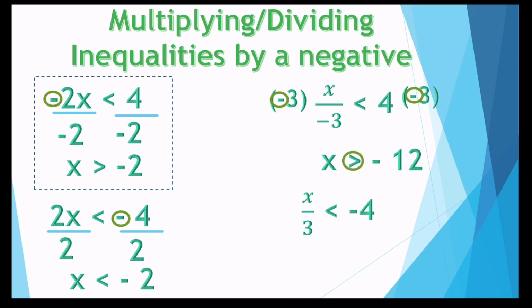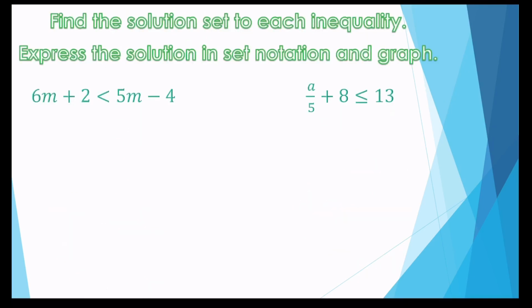At this first one, that's what switched it. But on this one, both sides is a positive, so I'm not going to switch my symbol. It's going to stay. Do you see how I have circled those negatives there and I switched the symbol? This symbol on this one stayed put, and that's because I multiplied by a positive.